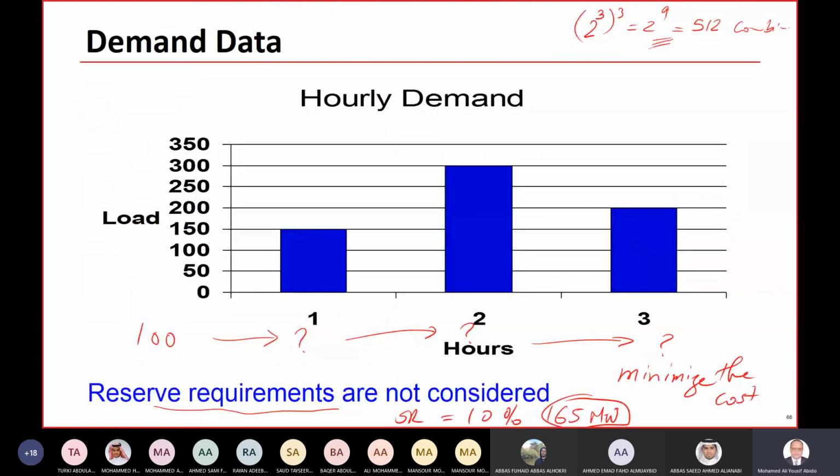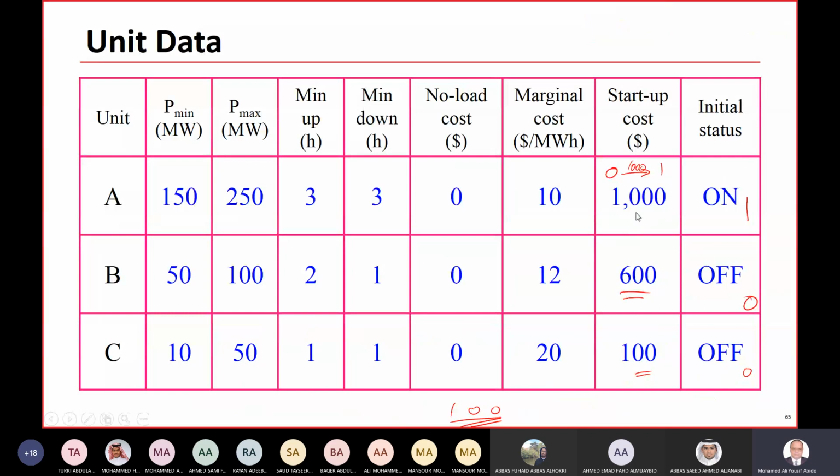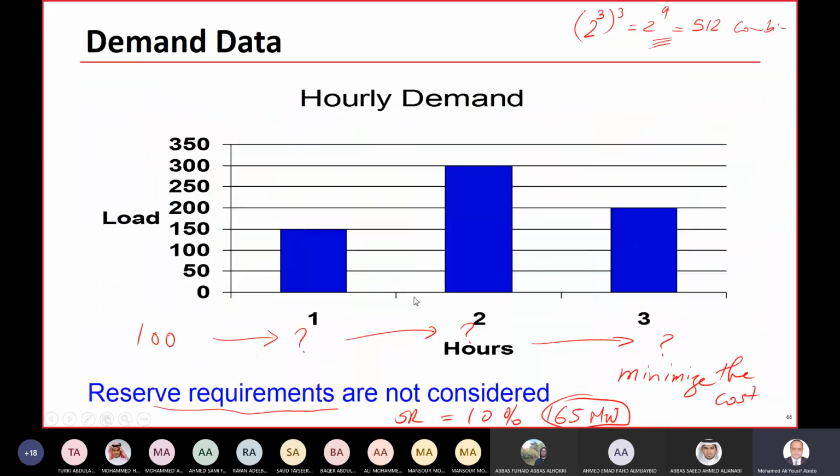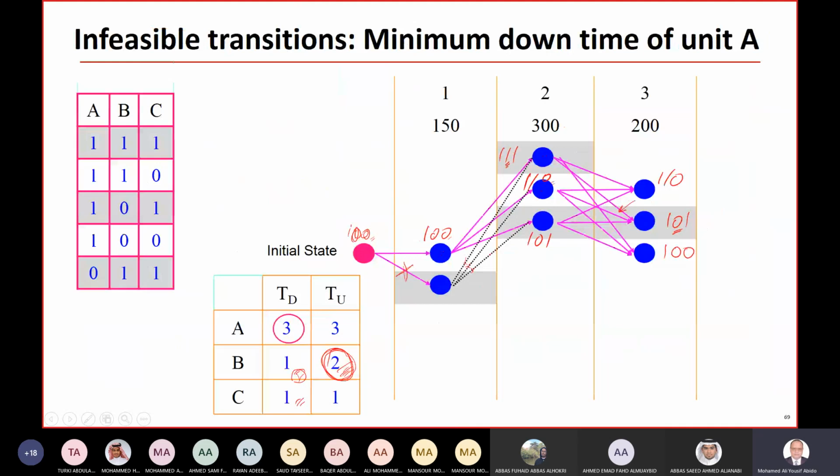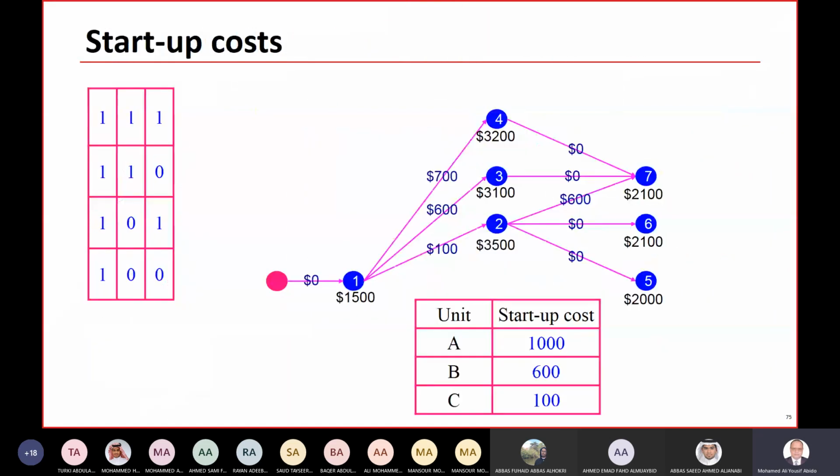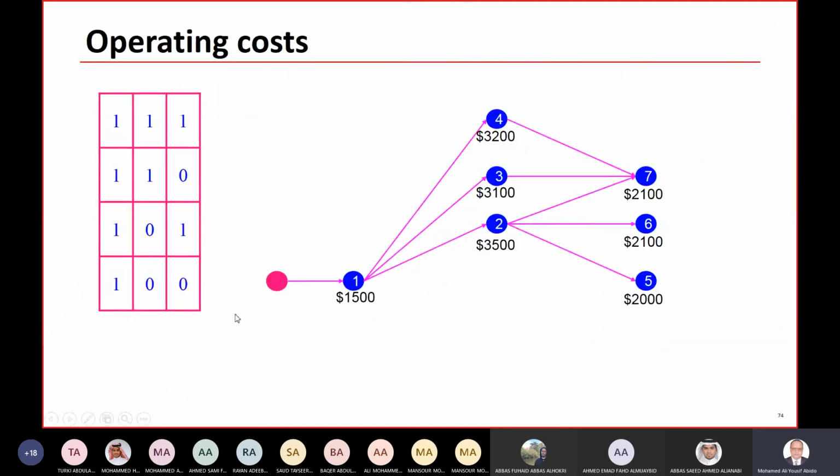If you start it on, this is 1,000, unit A, unit B, unit C. So this is the startup cost here for each unit type. Now, let us see. This one is 100. This one is 111. And this one is 110.